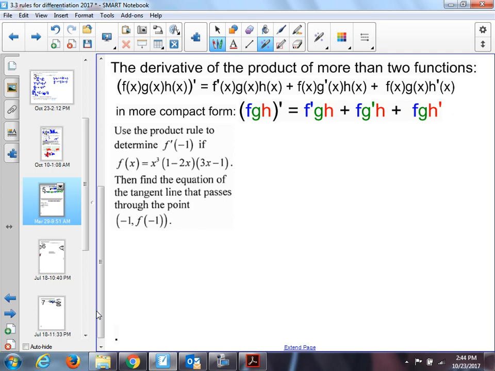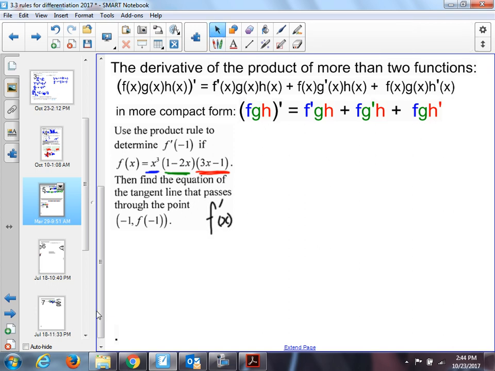Let's try this one here. Use the product rule to find. Okay. I'm just going to underline, this will be my green, this will be my red. Okay. F prime of negative 1. So first I need the expression, then I'll plug in my negative 1. So let's go with this. F prime of x.